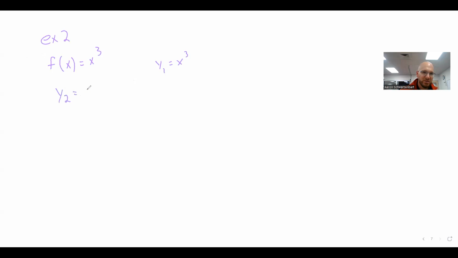Y2, or f, is going to be x cubed minus 3, which they're going to notate in function notation y1 of x minus 3. So they're essentially using y1 to be f.